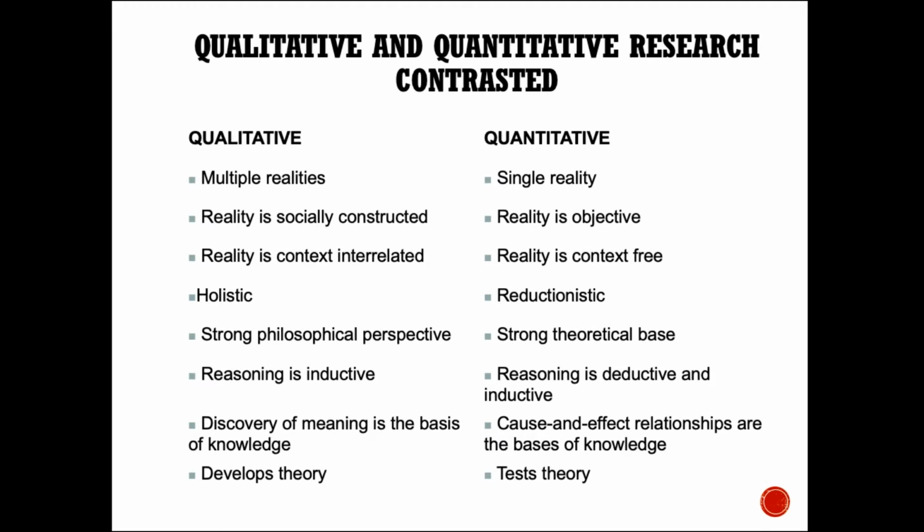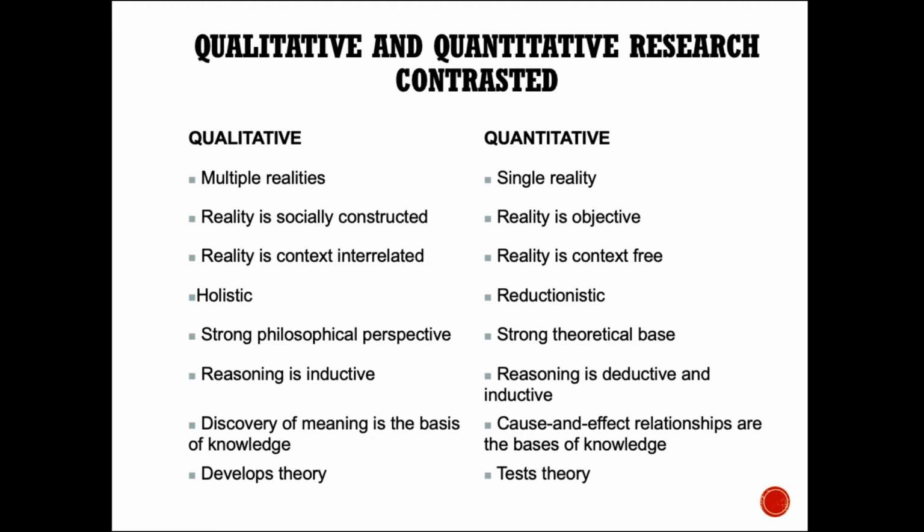Then in the qualitative, the reality is context interrelated, whereas in quantitative, the reality is context free. In qualitative, it is holistic because we talk about the whole, but quantitative is reductionistic, where we start from the theory, from the general, and we start deducting until we reach the specific.